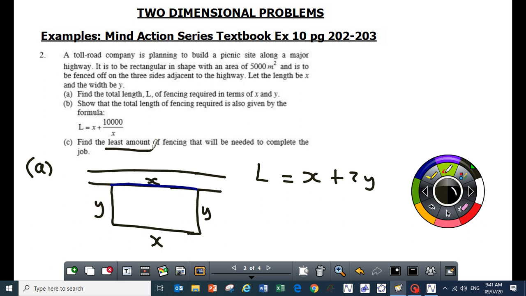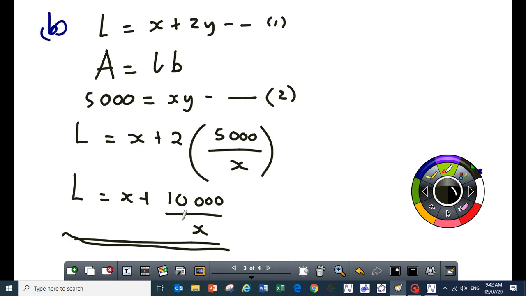We know on a cubic graph, at the minimum turning point, that's where you get the minimum value of y. So at that point, the first derivative is 0. So we are going to use this equation here to find the minimum length. I'm going to move on to the next page.